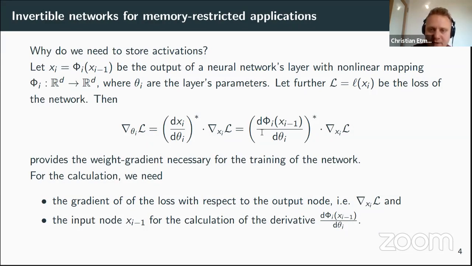And what we see here, if we then just plug in the formula, is that in general, we need to know the ingoing layer's activation in order to be able to calculate this derivative, as well as the gradient of the loss with respect to the outgoing layer's activation. So what we need to know is this thing and this thing.